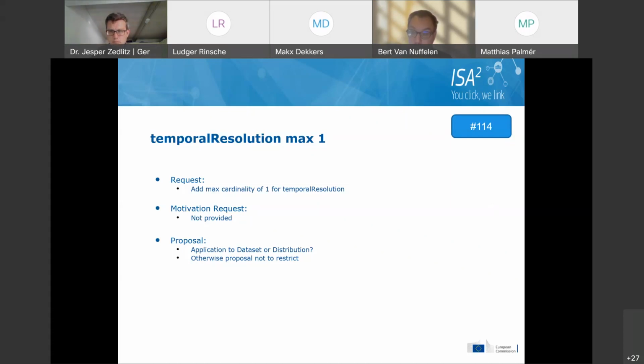Yeah. So, on the distribution, I don't see any interpretation that could be more than 1. No, clear. On the dataset level, you could allow several, but that would just replace the information you have on the distribution level. So it would be more relevant to have a single one, a max cardinality of 1 on the dataset level as well, being the minimum one that you have in any of the distributions.